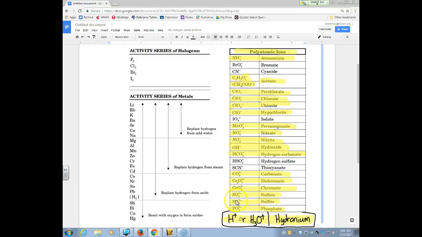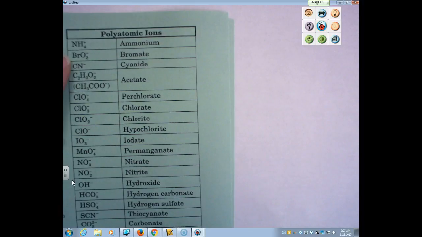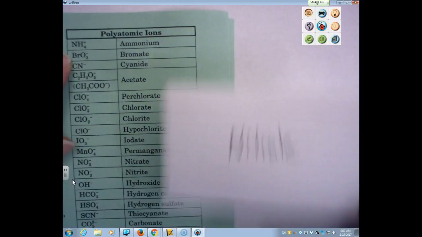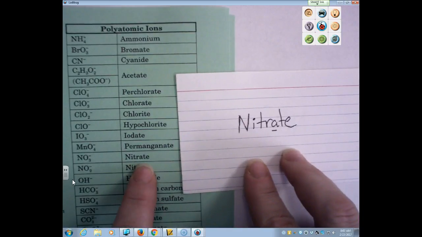So I eliminated a few. What I would like for you to do is to go ahead and make flashcards for these, and I'll show you how I want those done. When you're making the flashcards, I'd like for you to put the name on one side. So this time I'm working with nitrate right here.